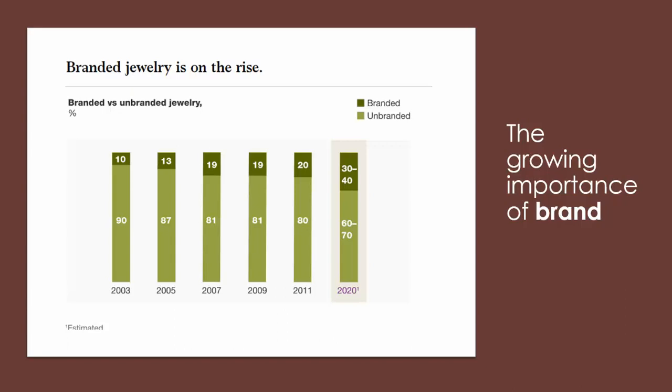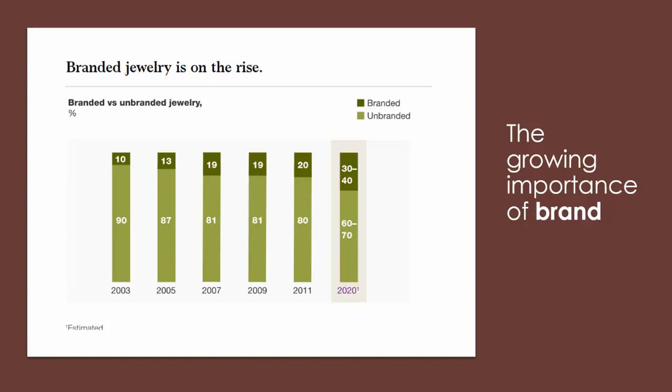So now we move on to the issue of brand. This is an important point to bear in mind, especially from the perspective of how exactly the company, the Pre-Scene, is marketing and selling its products. Branded jewelry is on the rise. Branded versus non-branded jewelry. You can see here in terms of the overall percentage of the market, branded is moving upwards and is set to hit 30 to 40% of the overall market by 2020.